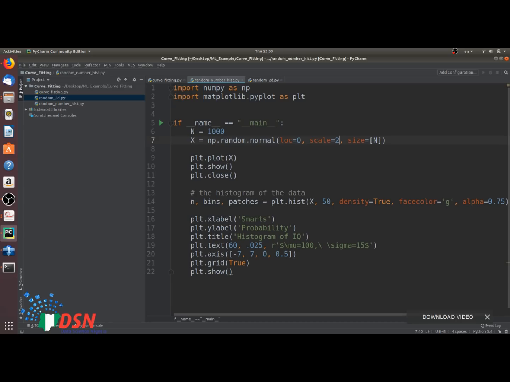Now maybe we want to see the distribution. In other words, we talked about the density functions.